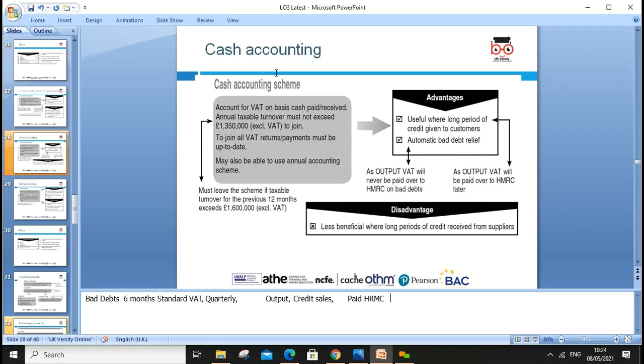Let's say you paid 20 pounds on 120 at 20% VAT, and if the customer does not make the payment at a later date, whatever your agreement was with the client, if they don't pay, if the invoice was older than 6 months, after then you can claim this bad debt in the VAT return.